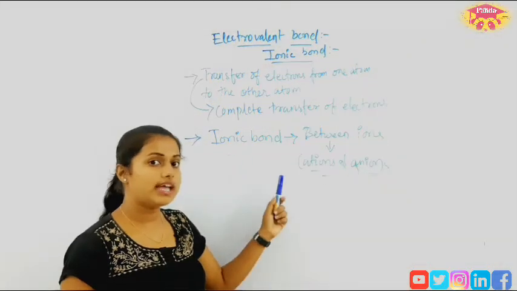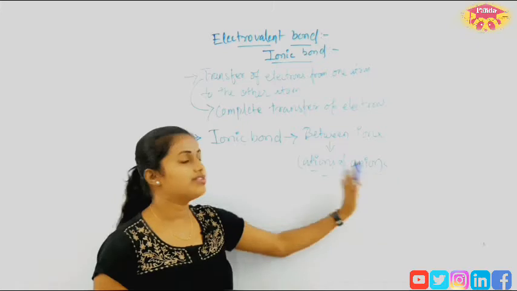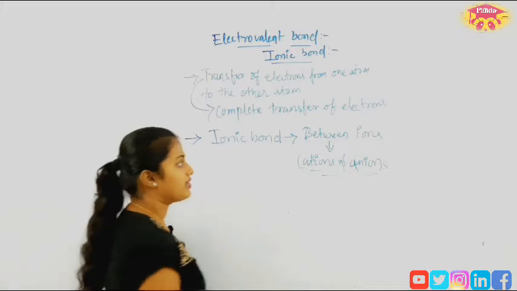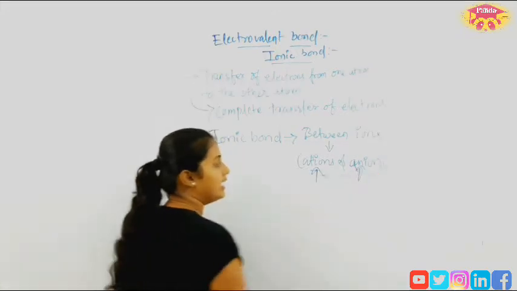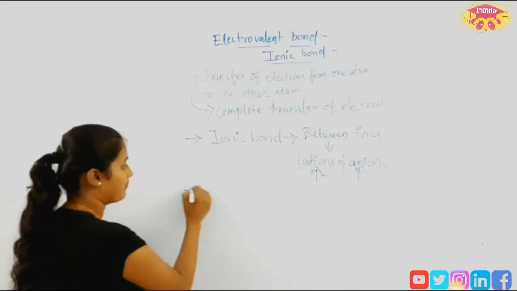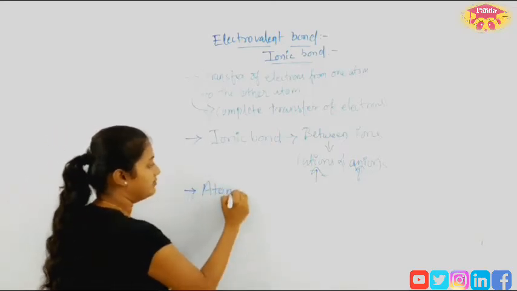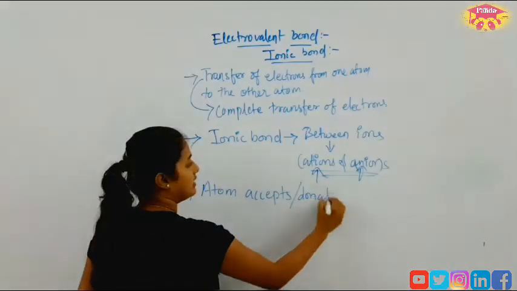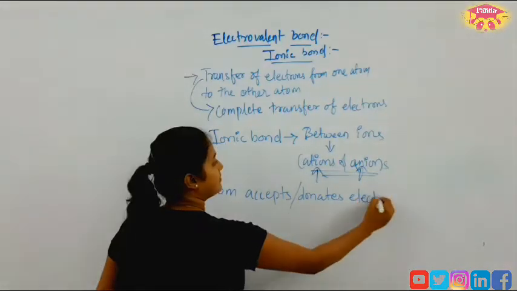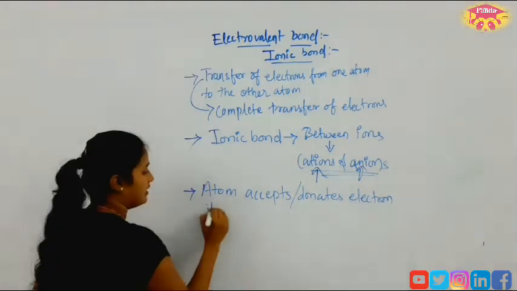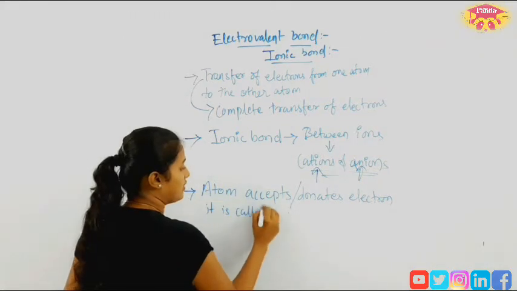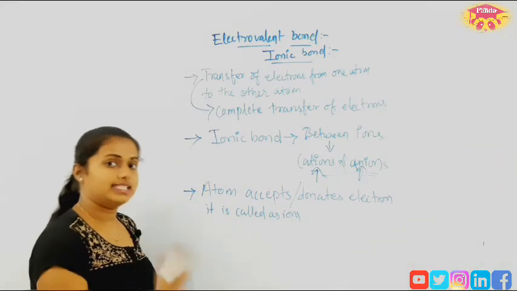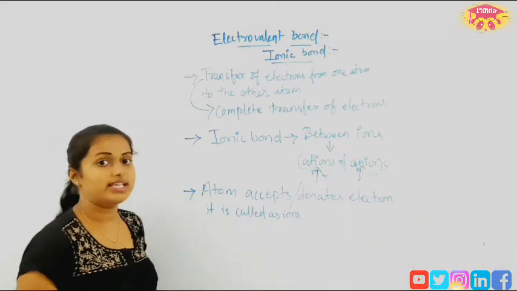Why is it called ionic bond? Because it is the transfer of electrons between ions, and those ions are the cations and the anions. Now students, we will study about the cations and anions. When an atom accepts or donates electrons, it is known as an ion.